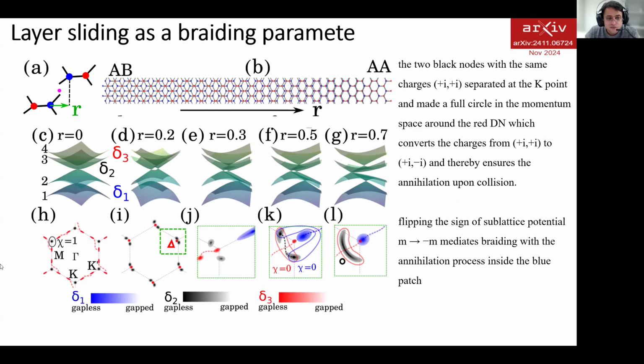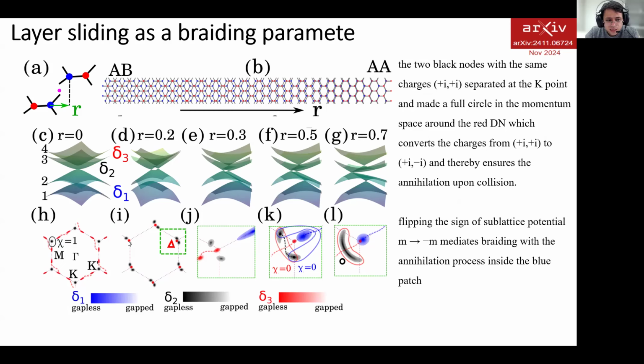And indeed, when we shift the layers a little bit, you can see that this quadratic band touching with Euler charge 1 decomposes into two Dirac black nodes, but other nodal points in other bands combine and disappear.